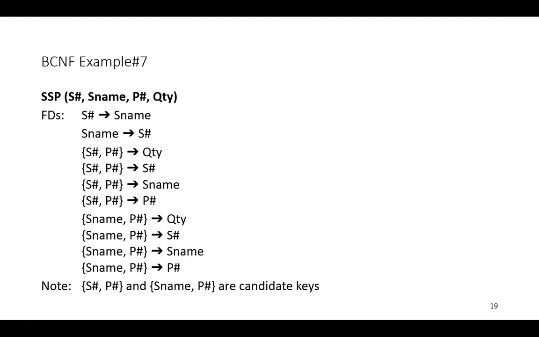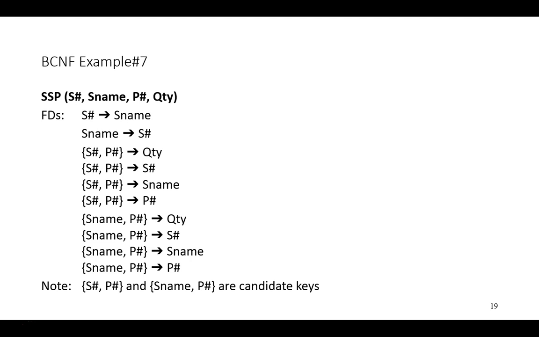S number, P number as a combination determines quantity, S name. S name and P number as a combination determine quantity, S number, S name, and P name. Hence, there are multiple composite candidate keys, S number and P number, S name and P number.